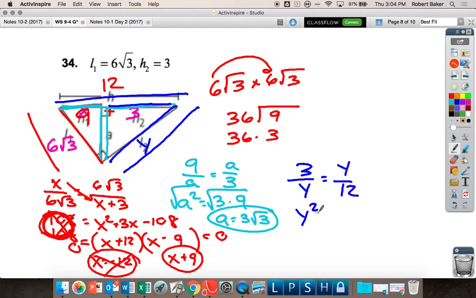Cross multiply. 12 times 3, y squared equals 36. Square root of. You get y equals 6. L2 is 6. That's it. This little triangle over here is so special. We get to spend 2 days in geometry talking about that one triangle.